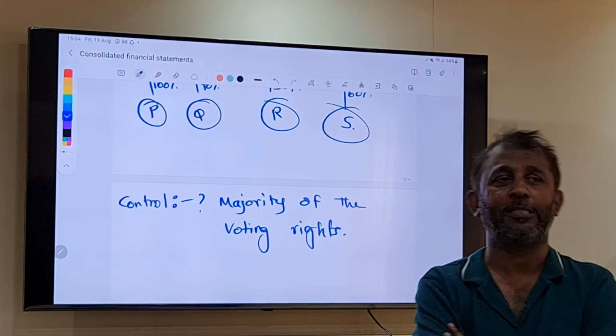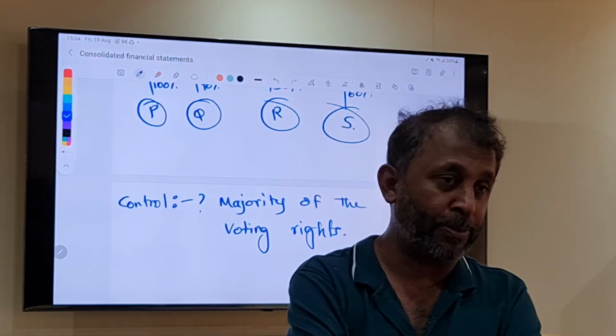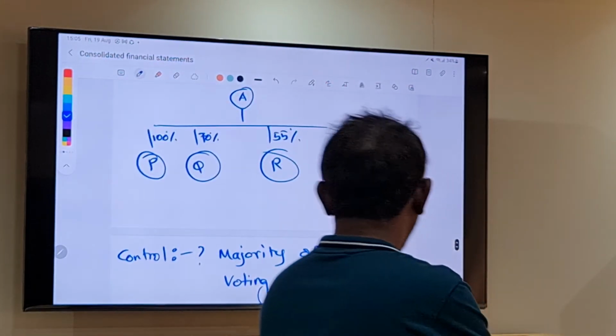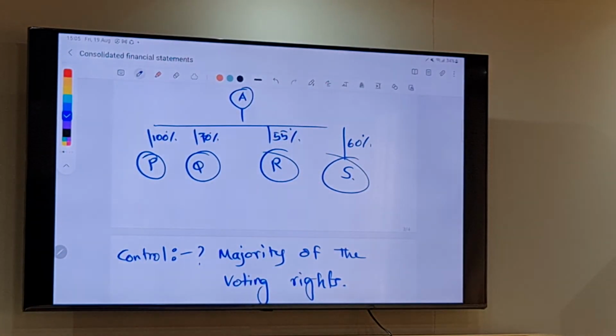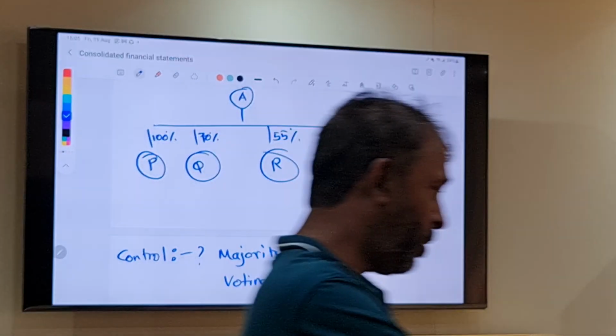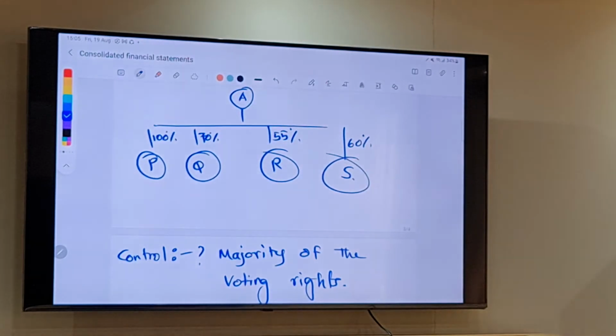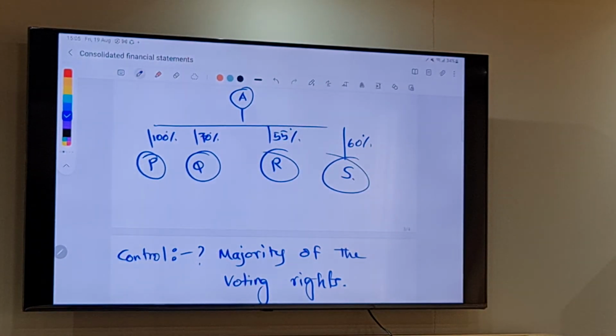What do you understand by that? Let's say in company R, the board of directors totals 10 people. Of the 10 people, minimum how many would be from company A? At least 6.